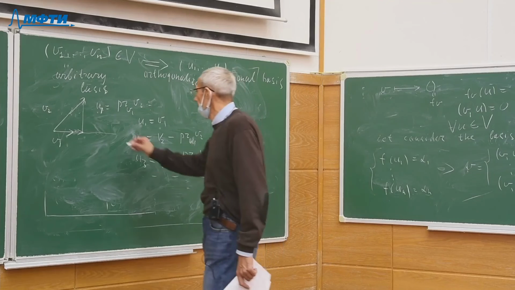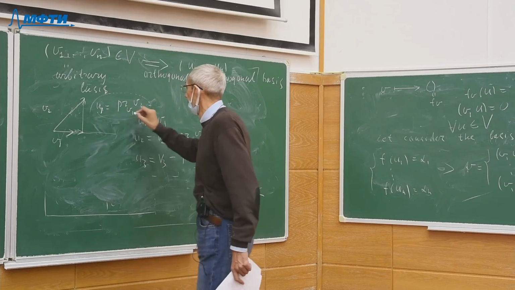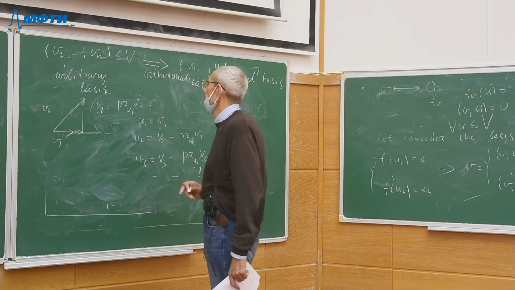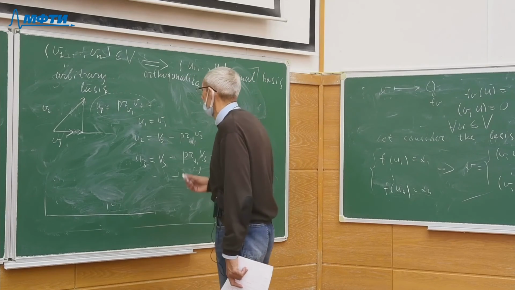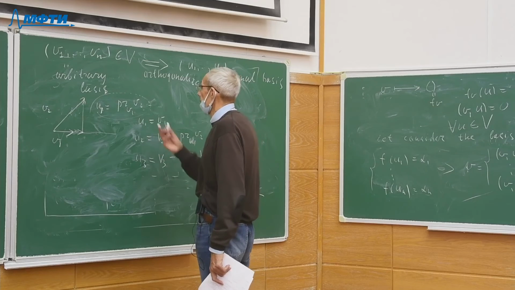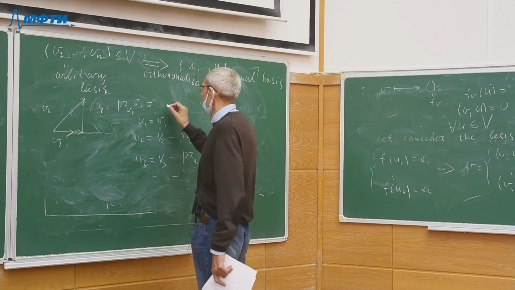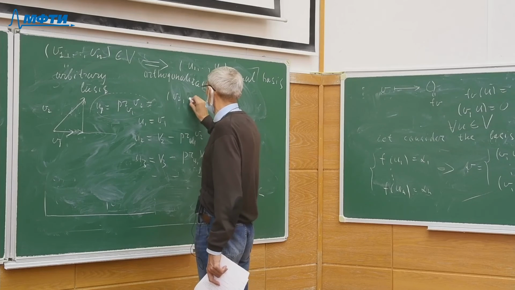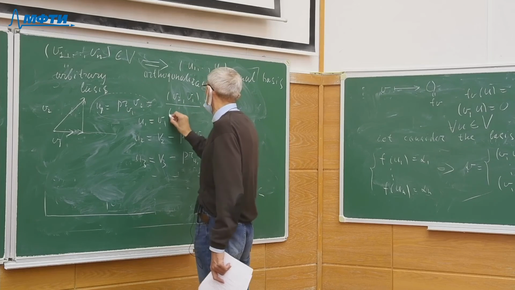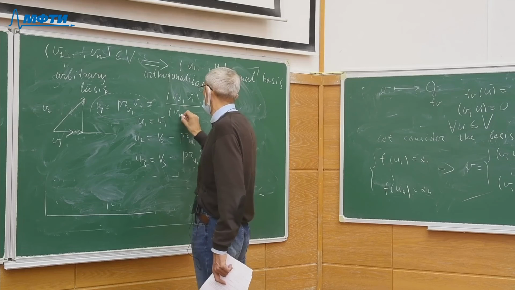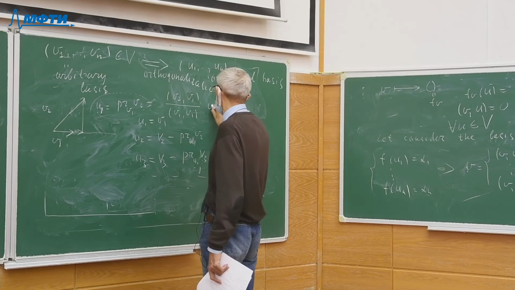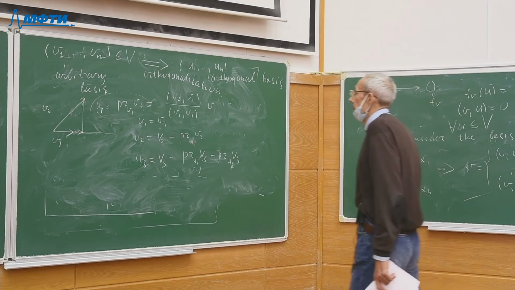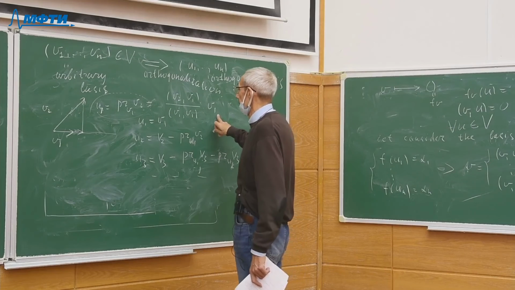But we need to define this projection. What does a projection of v2 on the vector v1 mean? We can define this projection the following way, using a scalar product: the ratio of the scalar product of v2 and v1 to the scalar product of v1 and v1, multiplied by the vector v1.